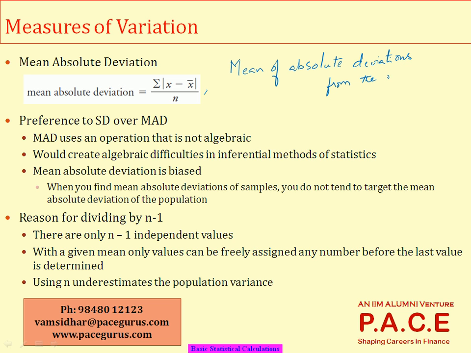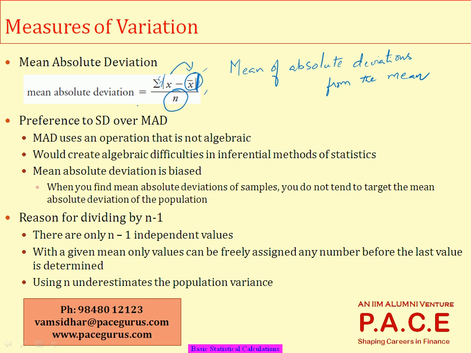So for every value, we find the mean of the sample, find how much every value deviates from the mean, take the absolute value of it, add up all the absolute deviations, and find their average by dividing by the total number. This is the mean absolute deviation.